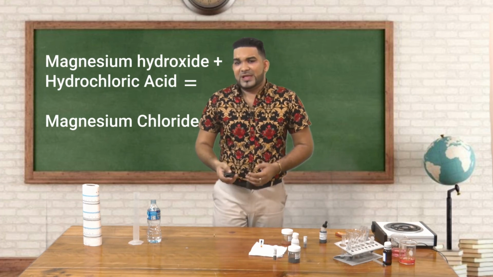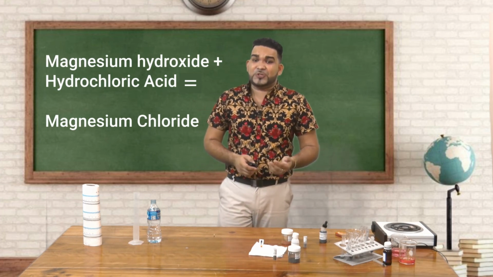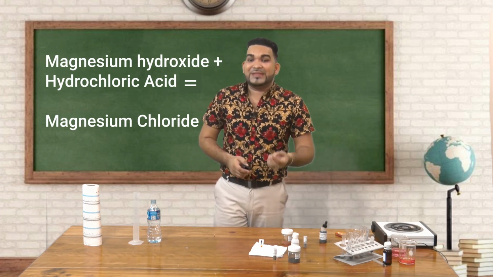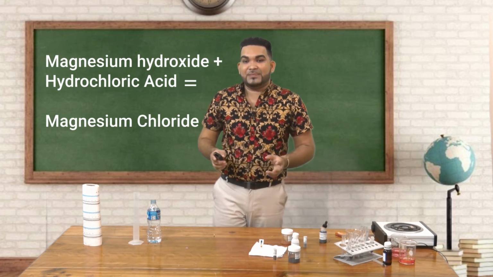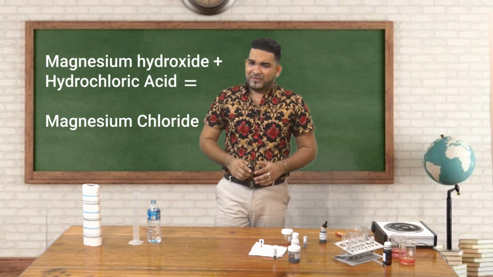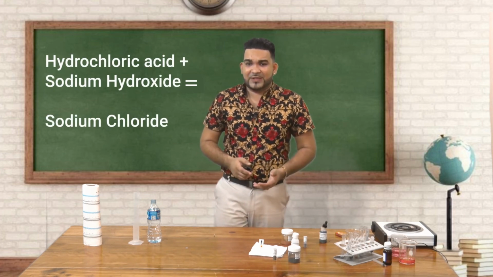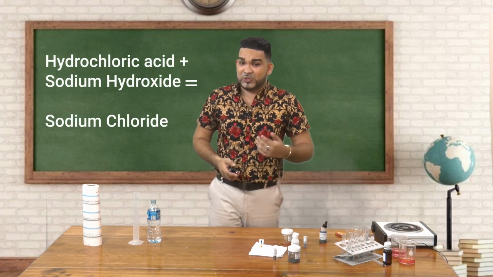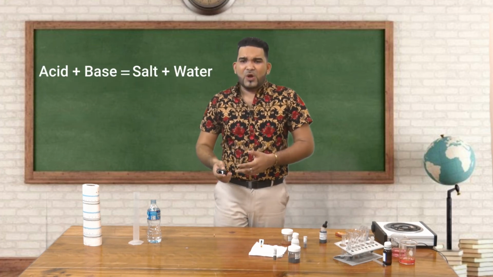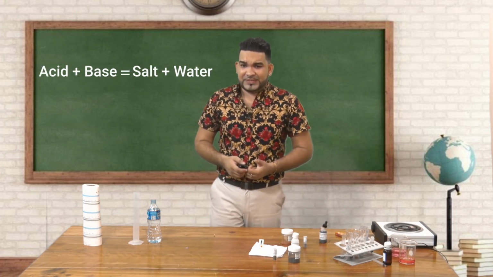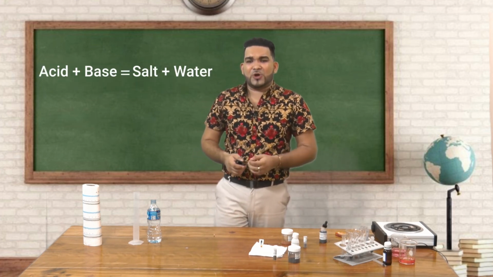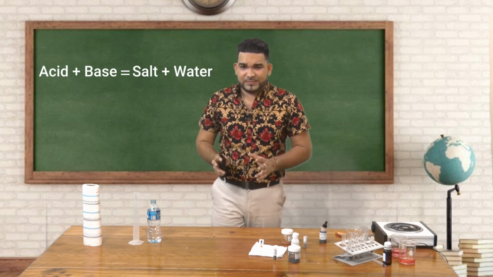For example, if magnesium hydroxide is used with hydrochloric acid, the name of the salt is magnesium chloride. However, if sodium hydroxide reacts with the hydrochloric acid, the salt produced is called sodium chloride. Whenever an acid reacts with a base, a salt and water only are formed.